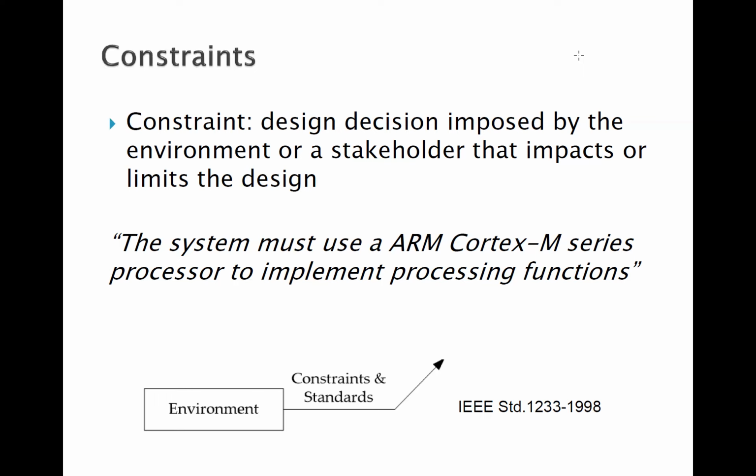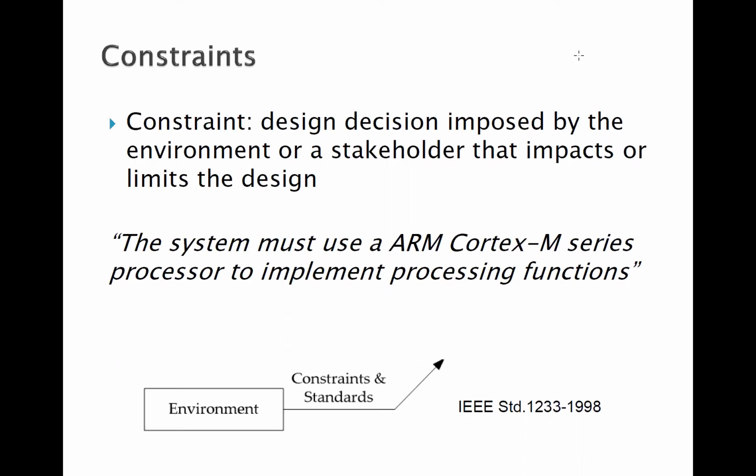A constraint is usually from the users or stakeholders, and there may also be some environmental constraints, and we have to satisfy the constraints when we are developing engineering requirements. An example is shown here.